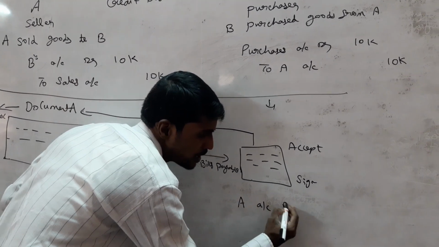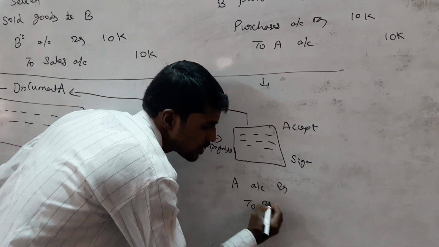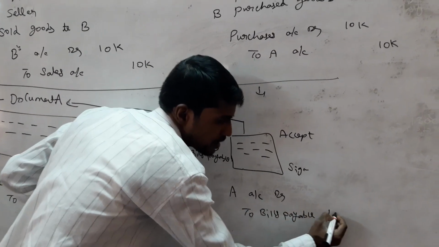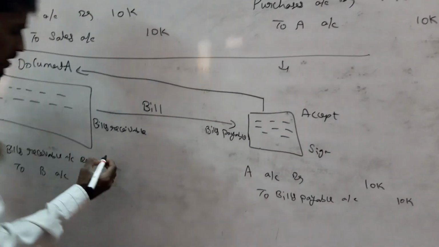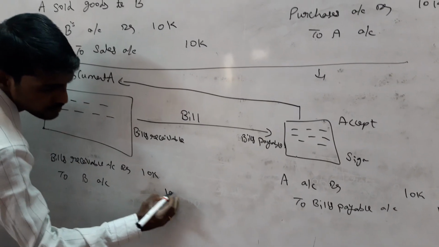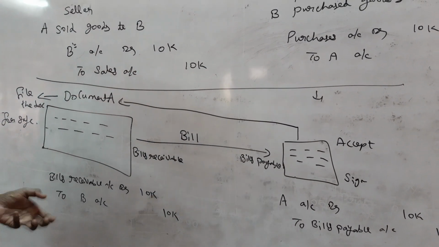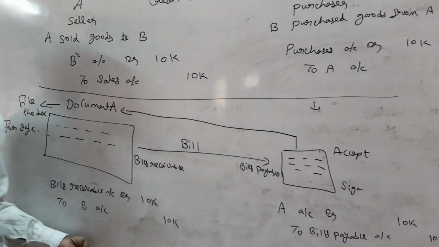A account debit. What is going out? He is paying the bill. His bill is going out. So bills payable account 10,000. Same amount we have to draw for a bill, 10,000. Means that the bill is accepted by this person. We will write the journal.